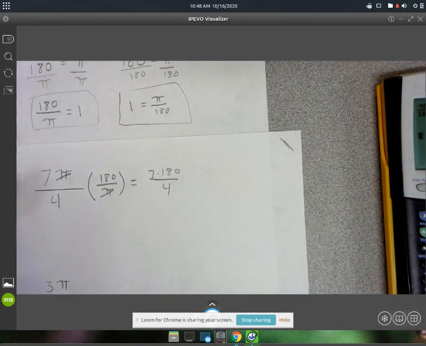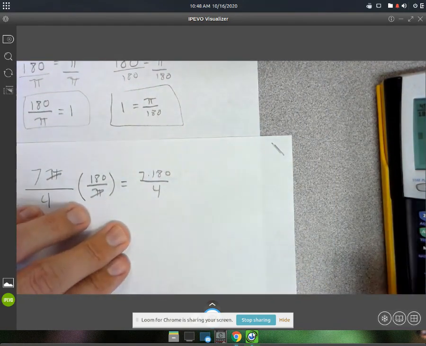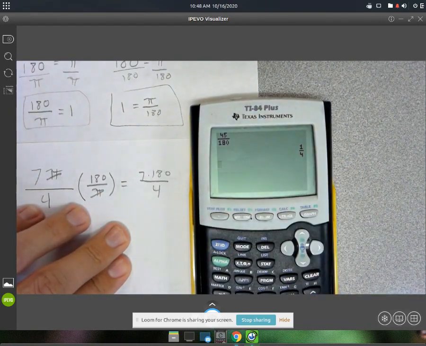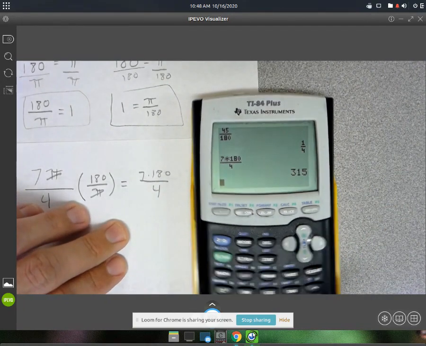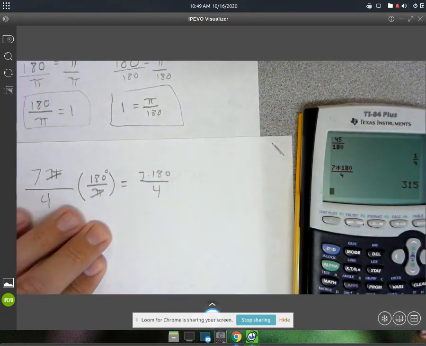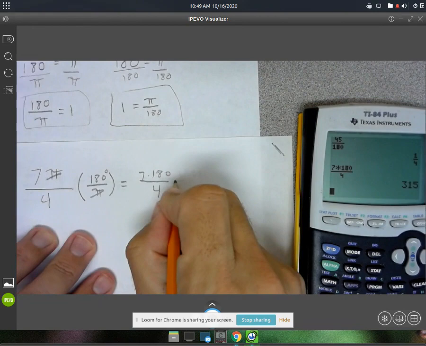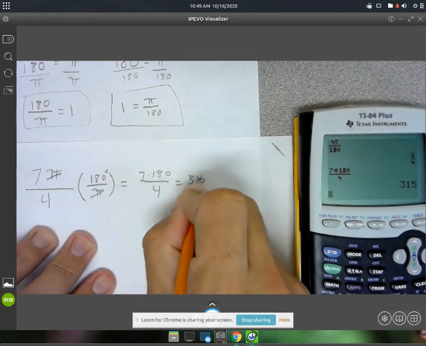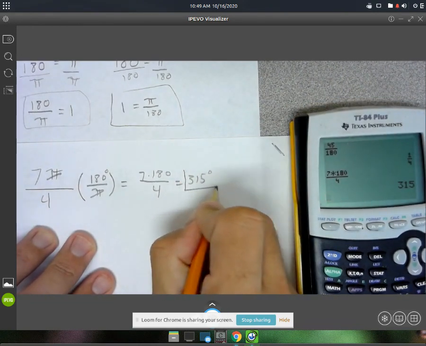You could simplify this the hard way, or throw it in the calculator here. 7 times 180 over 4. And that gives us 315 degrees. We were left with degrees, 180 degrees on top here. So 315 degrees.